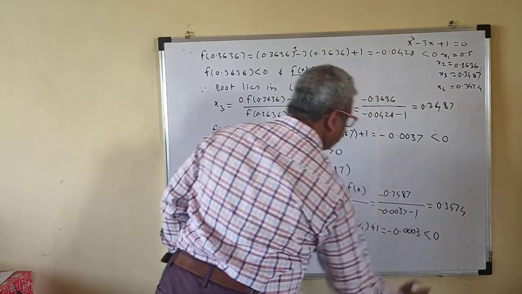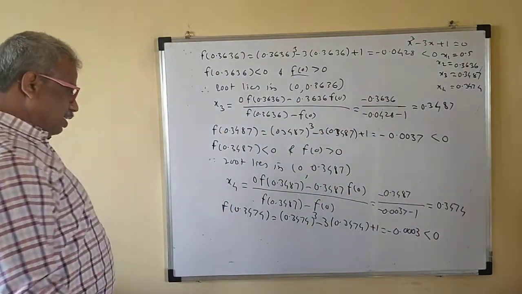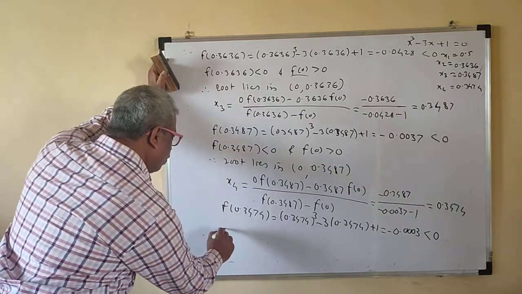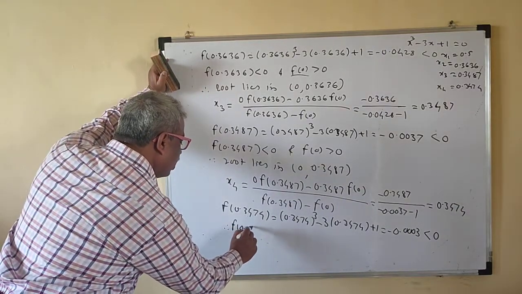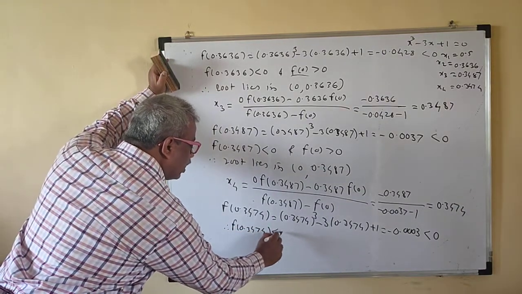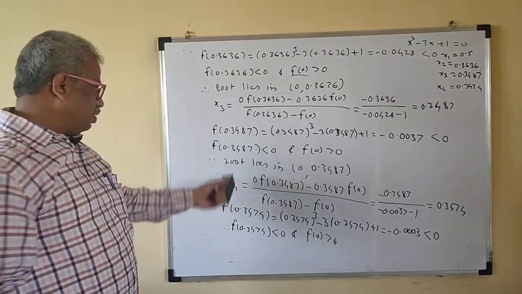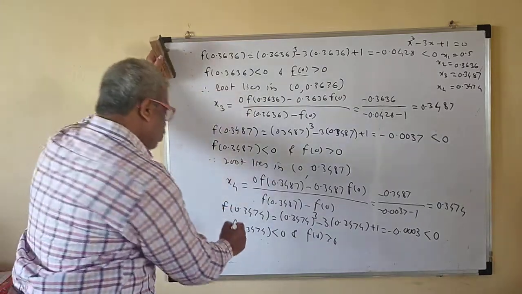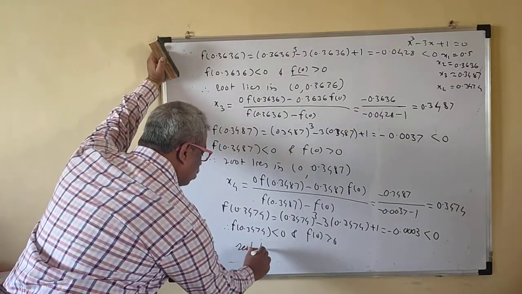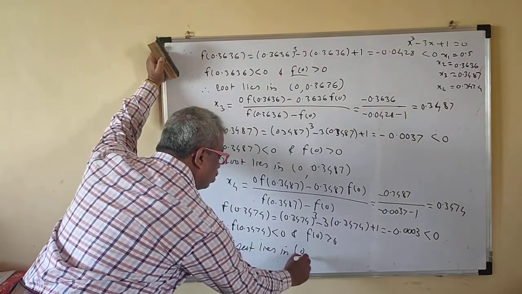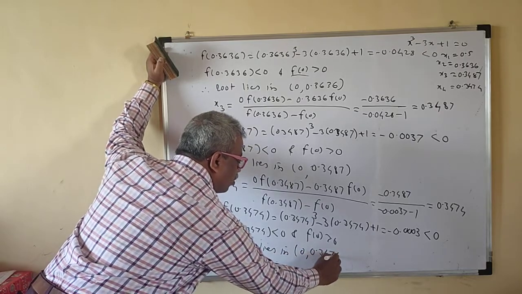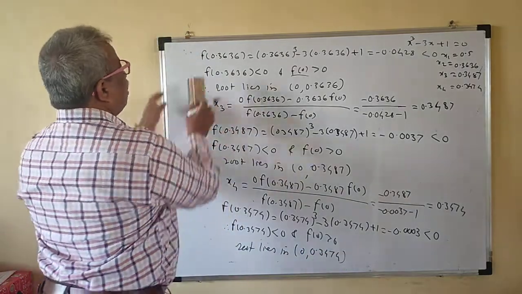See, this is less than 0. So therefore f of 0.3474 is less than 0, and f of 0 was greater than 0, as in the previous one. So therefore the root lies in 0.3474.